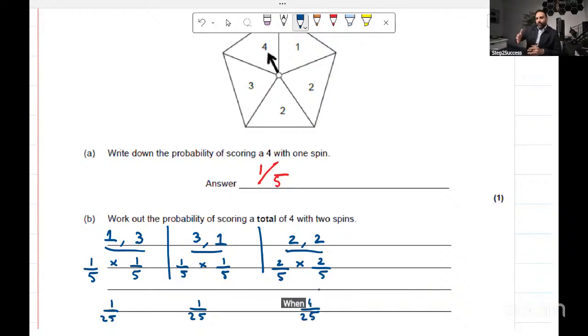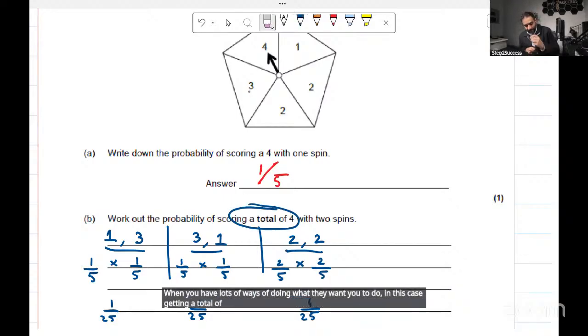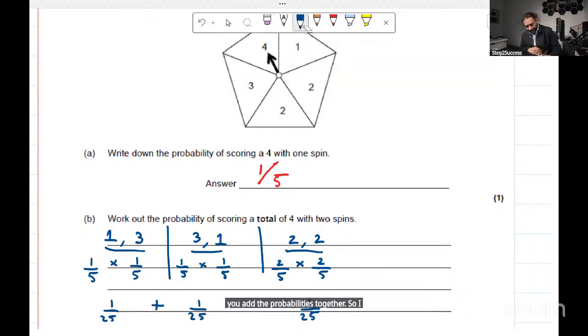When you have lots of ways of doing what they want you to do, in this case, getting a total of 4, you add the probabilities together. So I'm going to add all of these together to get 6 out of 25. And that is the answer to that question.